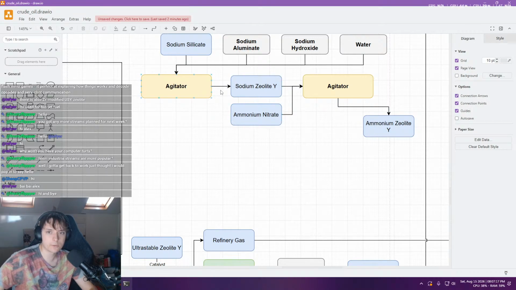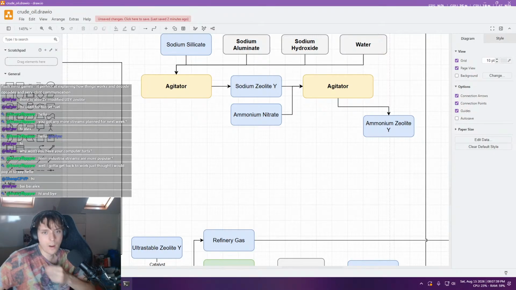Because we still need to do the ammonium nitrate. So, okay. Then we need to basically go into the ultra stable step, since we're gonna skip hydrogen zeolite, just because it's not needed.